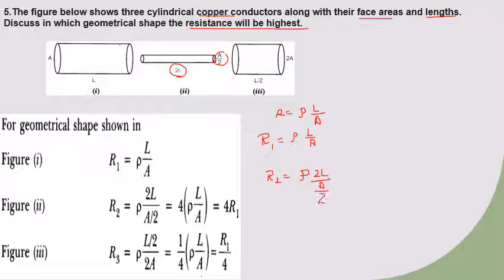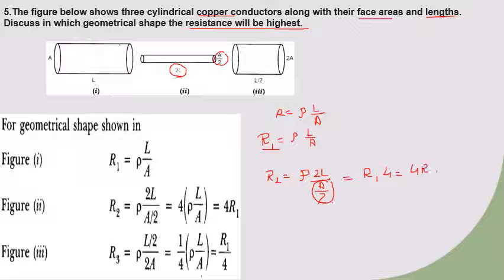Now the value of rho L upon A is nothing but R1. So instead of rho L upon A, I will write R1. Now A upon 2 will get reciprocated because it is a fraction. So it will become 2 into 2, 4. So I am getting 4R1.